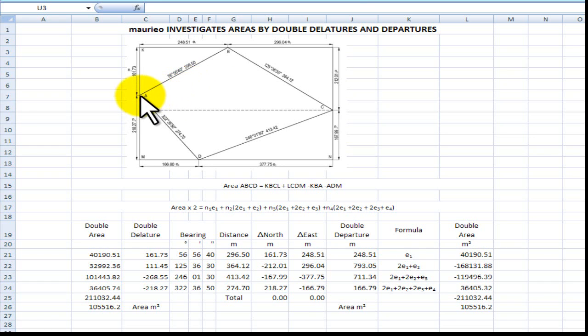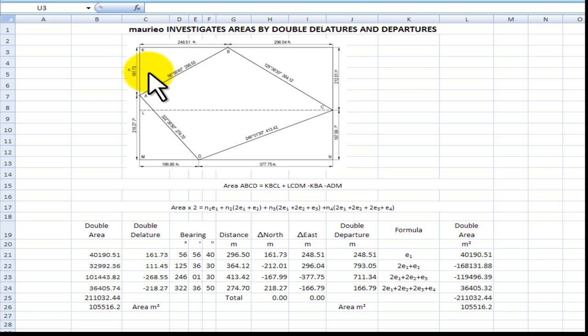Now if we produce out here and draw in the northings and eastings, or the differences north and difference east around it, we can see that we get a rectangular shape.